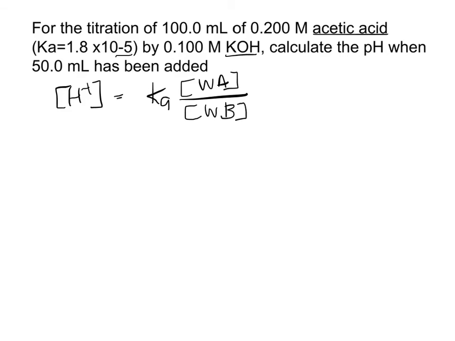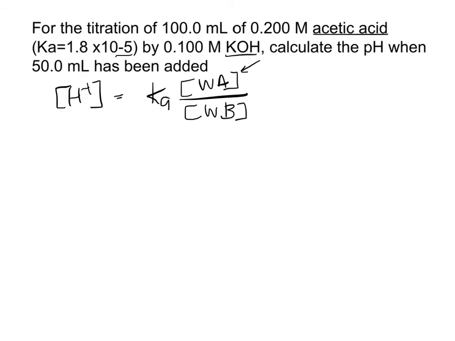Now, since we are adding base to this whole formula, we're going to need to add to the base and subtract from the acid, because the acid that's here is going to neutralize whatever base that we're adding.